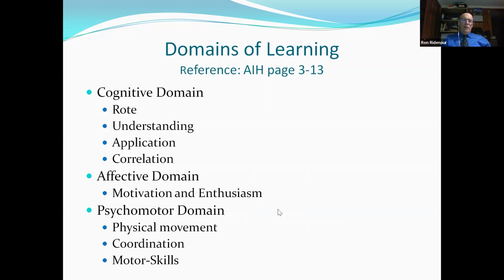Affective domain. So that was cognitive domain. Affective domain is motivation and enthusiasm. Bob Wander is the epitome of motivation and enthusiasm. I don't think I am necessarily, but I've always enjoyed listening to him when he's presenting topics because he's interesting to listen to.